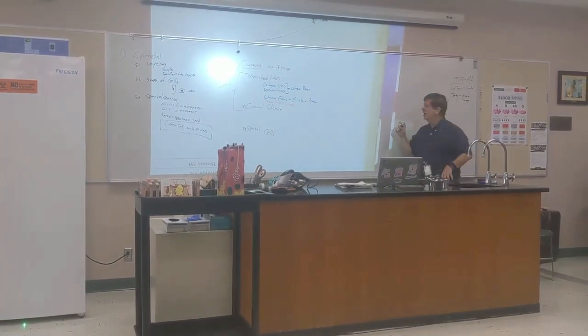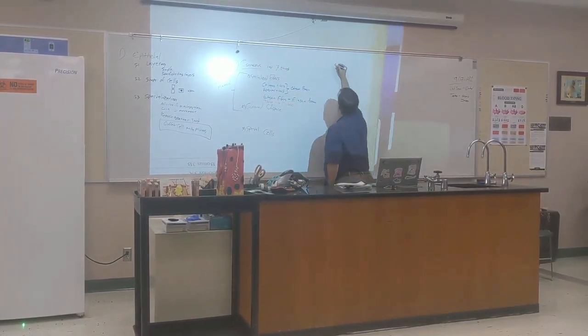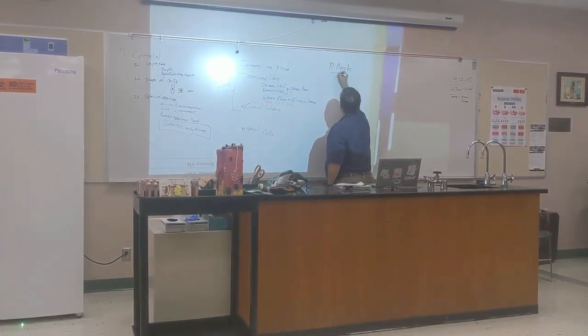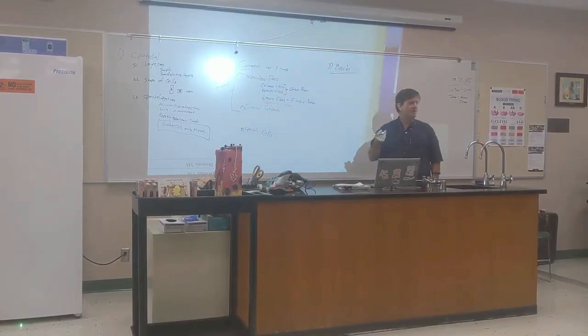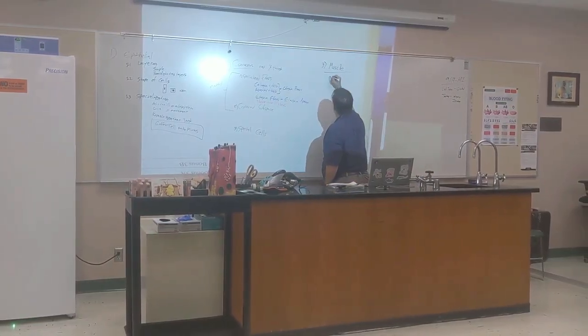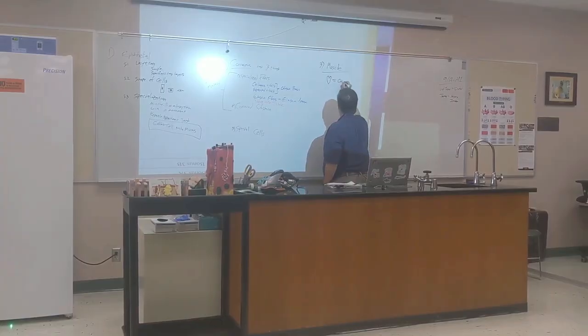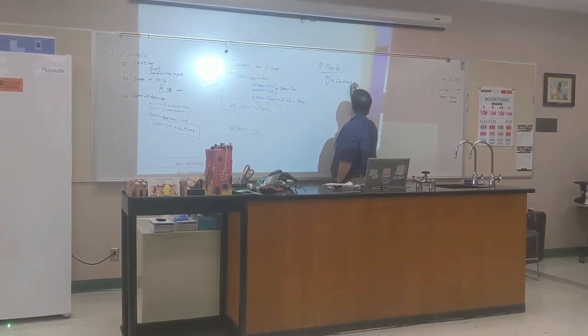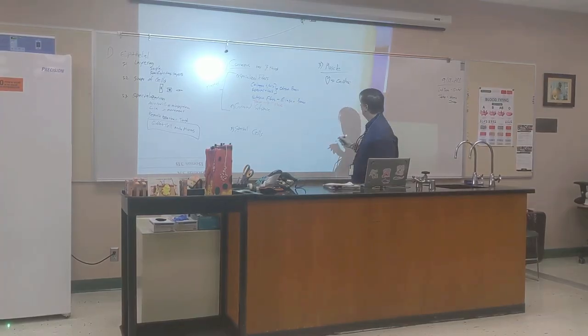Good? All right. So the next one, number 3, we've got muscle. And you already know this, but we've got 3 types of muscle. In the heart, we have cardiac muscle. And that is involuntary. You cannot control that. All right?